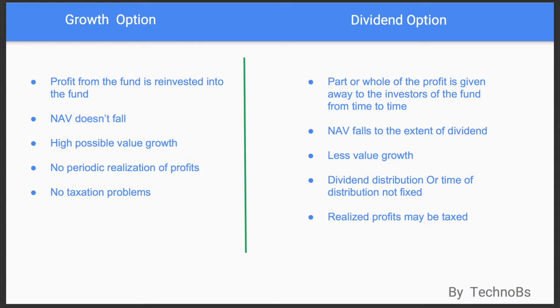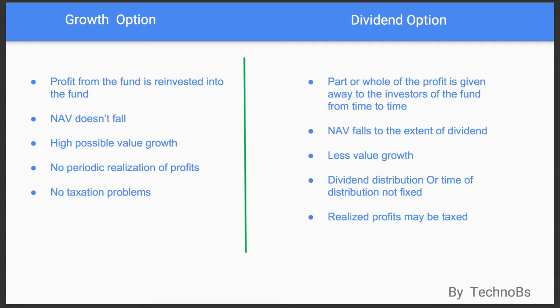While you don't pay it though, the mutual fund company pays that tax, and what is left out of that is paid as a dividend. Okay. So the main difference is how profit that is generated is handled, and it makes a lot of difference when you look at the long term. On a short term maybe you might not see that much, but if you look at the NAV values after a long period of time, it will be considerable.